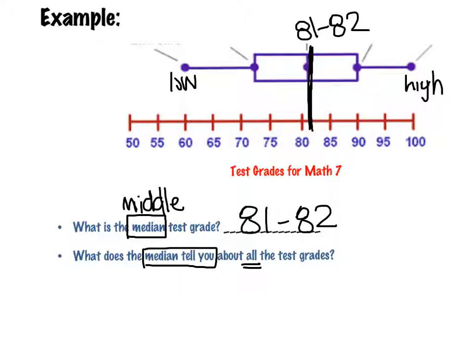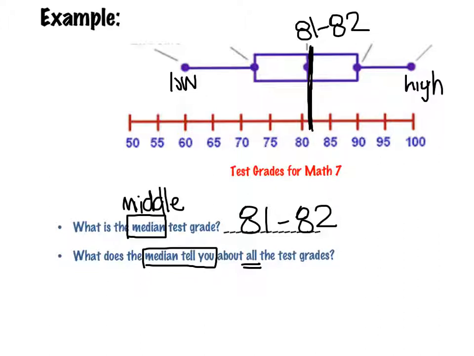Well, we just got through saying that median tells us where the very middle is. So if I know the middle is right here at 81 or 82, that means half of the class got less than 81 and half of the class got greater than 81.